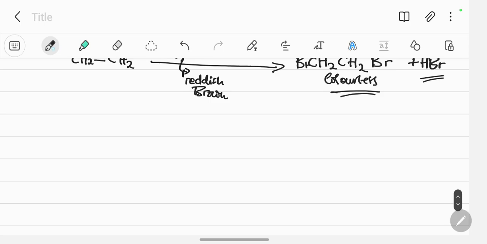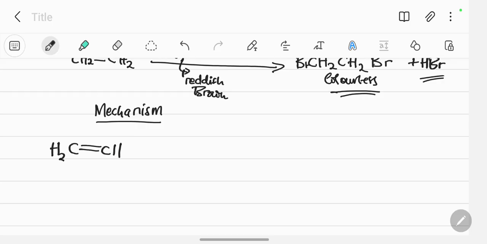So, mechanism. Our mechanism is going to be: we are going to have two hydrogens bonded to carbon like this.